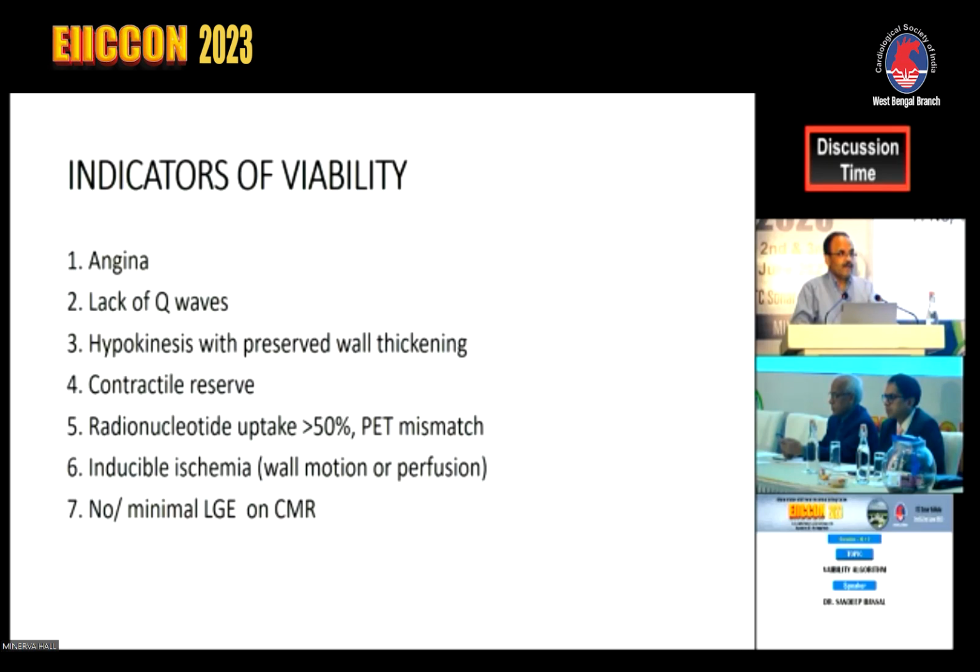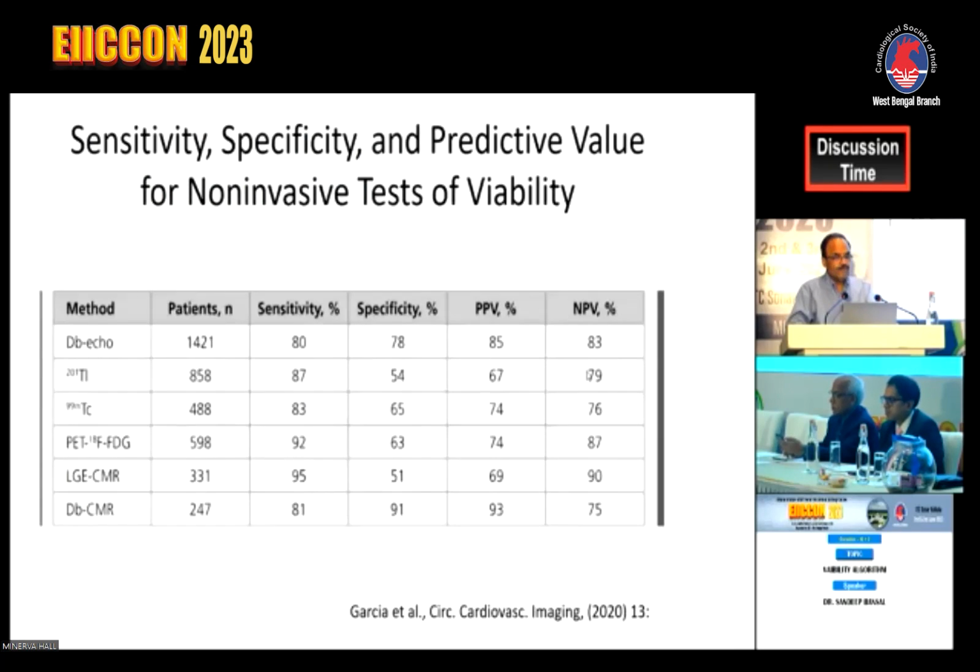And if there is no or minimal late gadolinium enhancement on the cardiac magnetic resonance imaging, then again it is an indicator of viability. So this slide shows the sensitivity, specificity, and positive predictive value of all the non-invasive tests of viability.